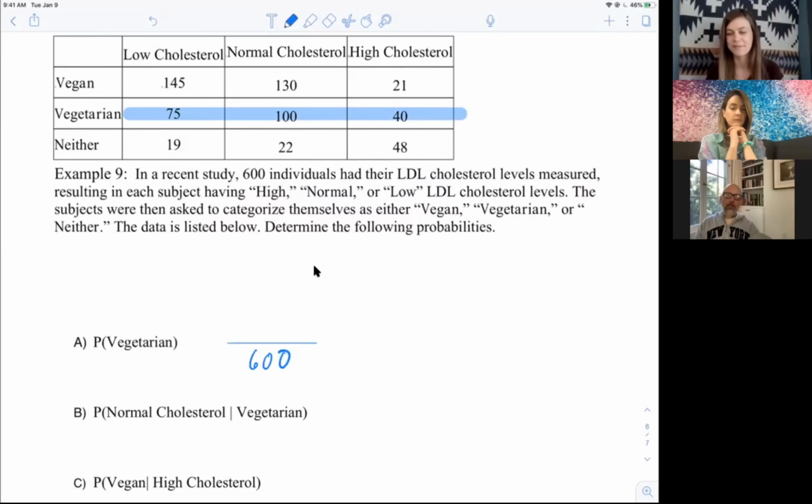And a vegetarian is someone who does not eat meat, but most likely eats eggs and dairy. We'll say eggs and dairy are separate things. So a vegetarian is someone who does not eat flesh, but eats eggs and dairy.